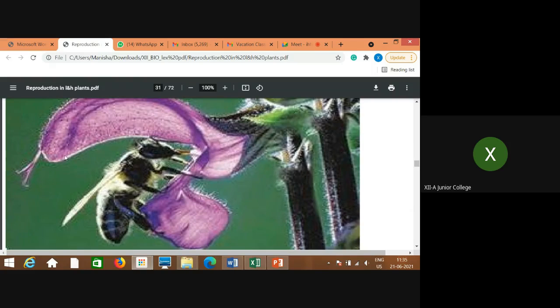Then one more adaptation of this flower, not only the structure: you can see the stamens which are fertile are present on the upper lip of this flower, and the sterile stamens are on the lower lobe of the flower. So when the stamens of the upper lobe are fertile, the pollen grains fall on the body of the insect, and when this same insect then goes and enters another flower.